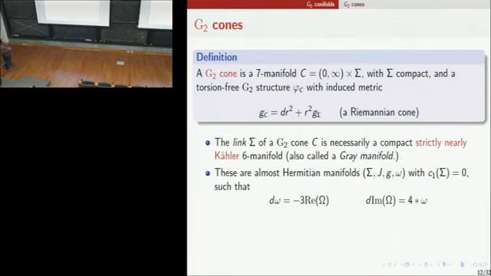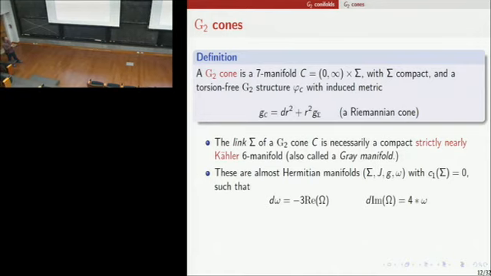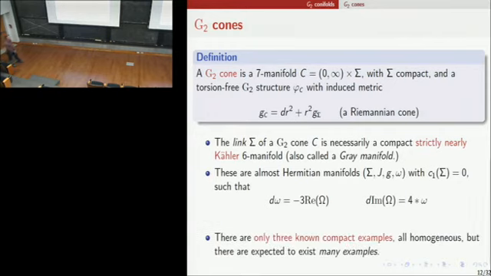So this is analogous to what you may have heard: if you have a Sasaki-Einstein manifold, then the cone over that is Calabi-Yau. Okay, so these are going to be what's called the links. The link of a G2 cone is a nearly Kähler 6-manifold. And there are only 3 known compact examples so far.